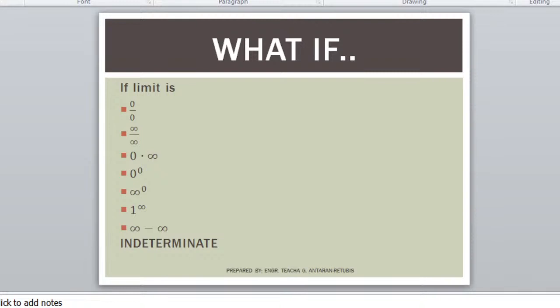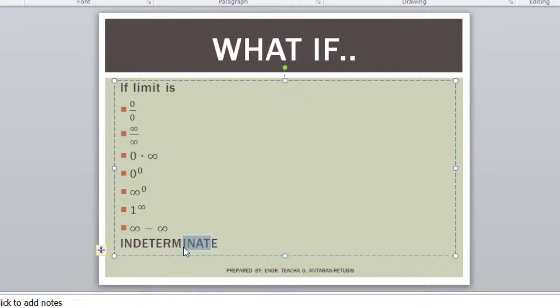It could be that the denominator is infinity or 0, 0 over 0, 0 raised to 0. What if ganito yung maging result natin? So, the limit, class, will be indeterminate. From the term itself, indeterminate, you cannot easily determine it. But is there a way that we can determine the limit? Yes, class. Yes, we can still find the limit of such functions.